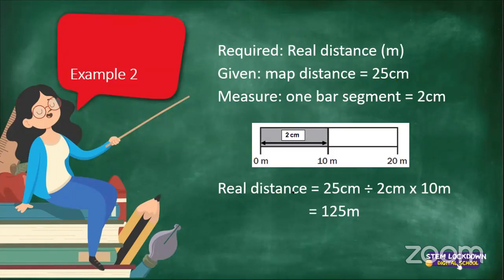So the real distance will be your map distance divided by the segment of the bar scale. So in this case, your 25 centimeters divided by your 2 centimeters, because this segment is 2 centimeters long, divided by 2 centimeters, right?